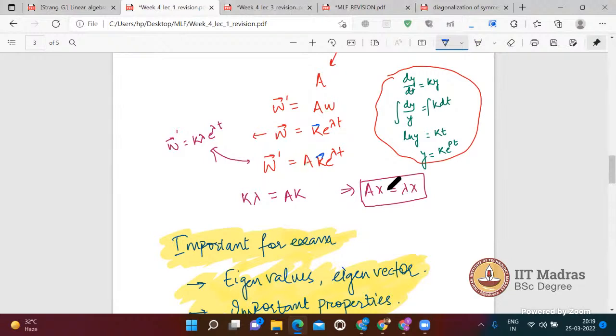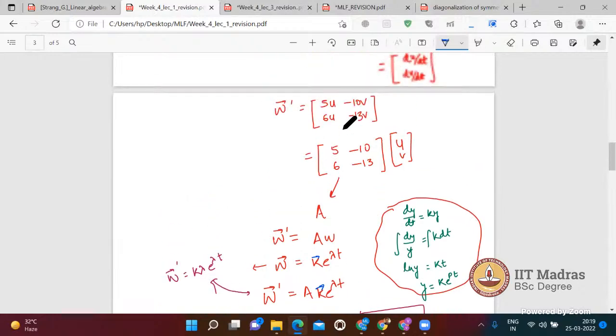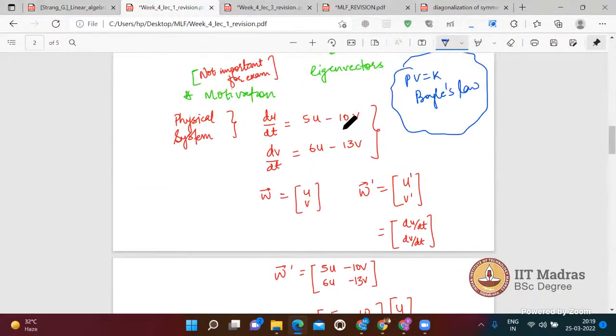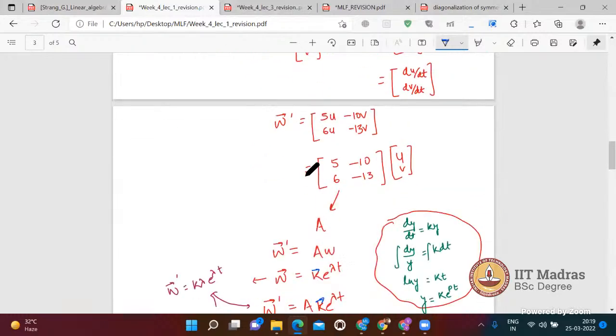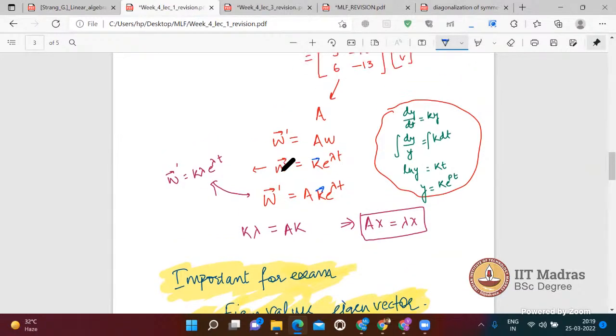So if we have to solve, see, if I have this A matrix, in the starting we were asked to solve a very different, difficult problem. And if I have this matrix A, and I know about the eigenvector and eigenvalue, then to solve for W we need the k vector and the lambda.